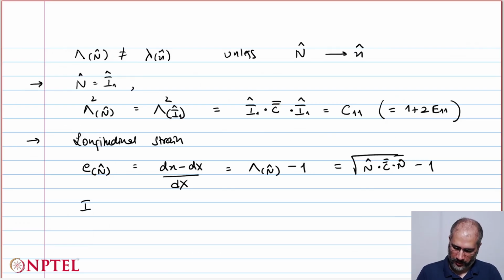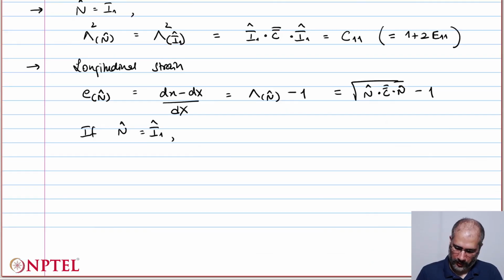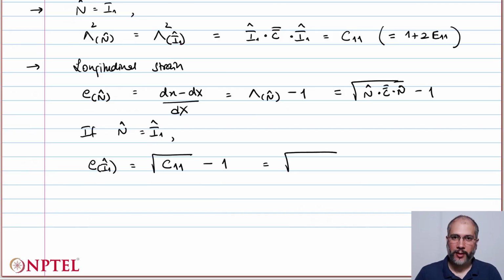So if I take my n hat equal to I1 hat in this case, the longitudinal strain e I1 hat becomes square root C11 minus 1, which again, if you prefer to write using the Lagrangian finite strain tensor, becomes square root of 1 plus twice E11, minus 1.